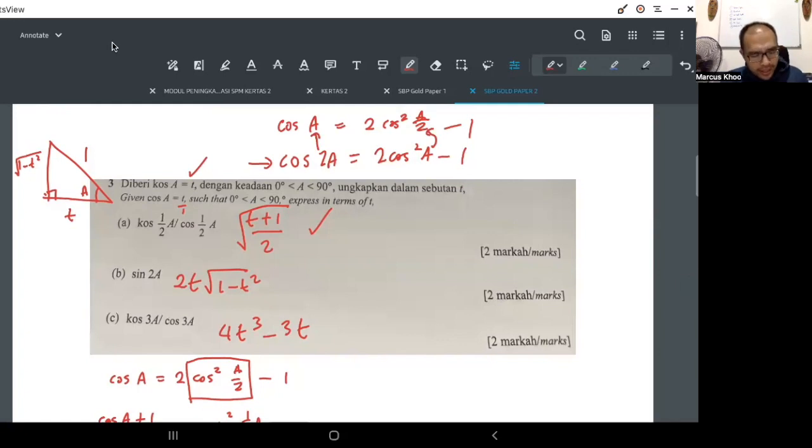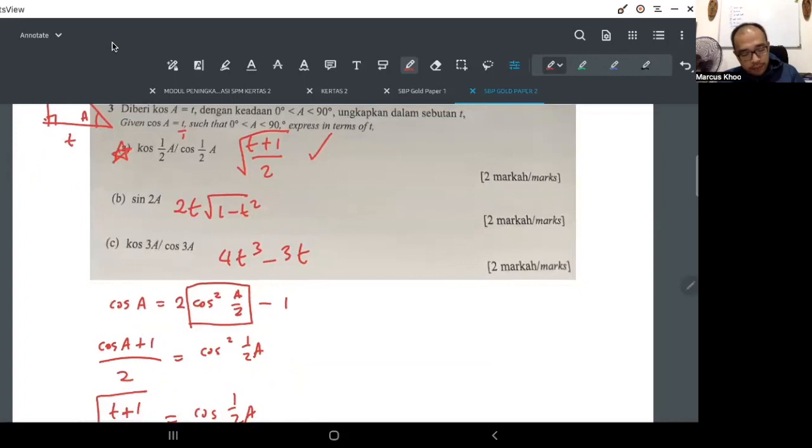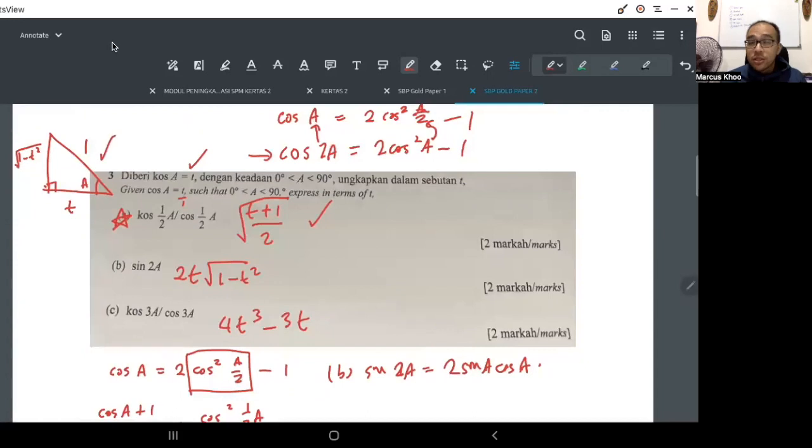So this one is a little bit special, but otherwise sine 2A according to formula is 2 sine A cos A, and you already have the values of sine A and cos A from this triangle. So you just substitute in and you should be able to get this value.